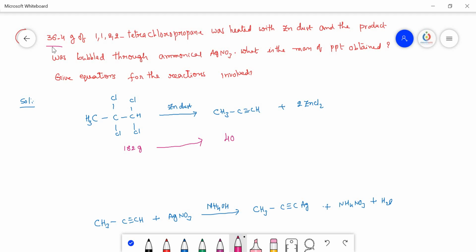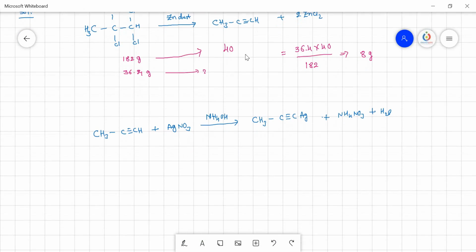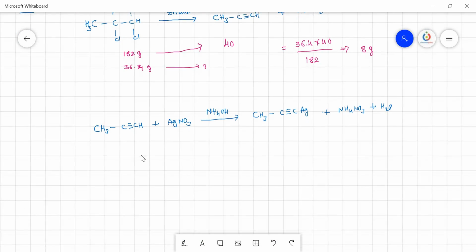Then how many grams of tetrachloropropane have they taken? Only 36.4 grams. So 36.4 grams can give how much mass of propyne? Just do the cross multiplication: 36.4 into 40 divided by 182. So you shall get 8 grams. So 8 grams of propyne is involved in the next reaction.